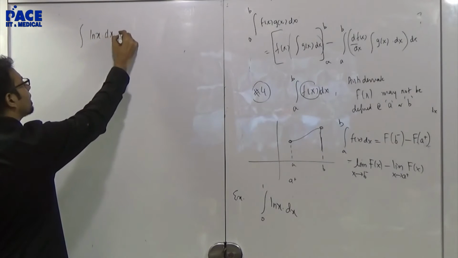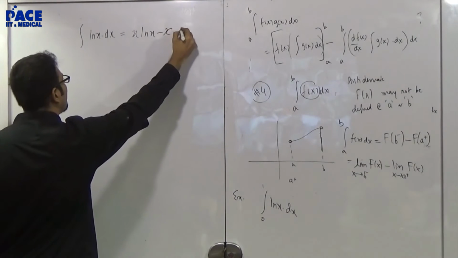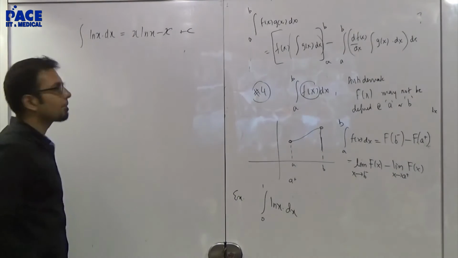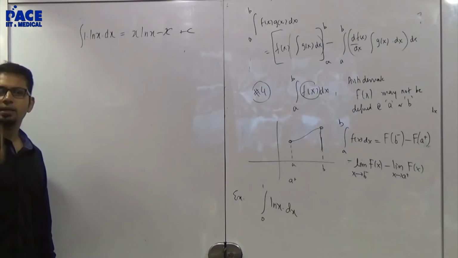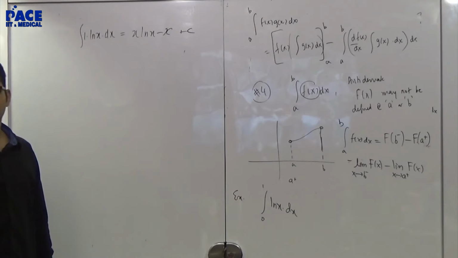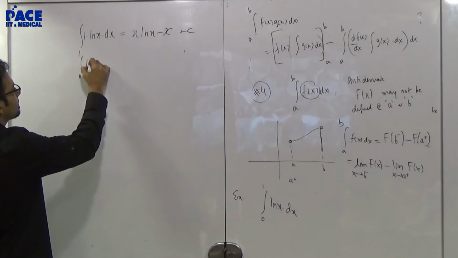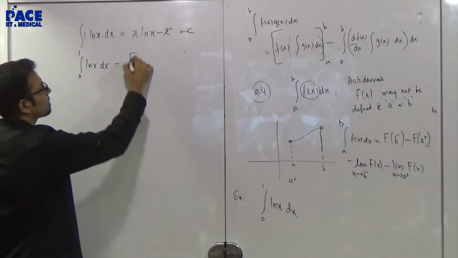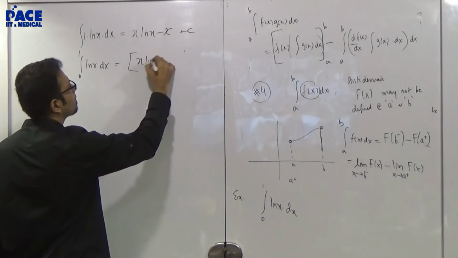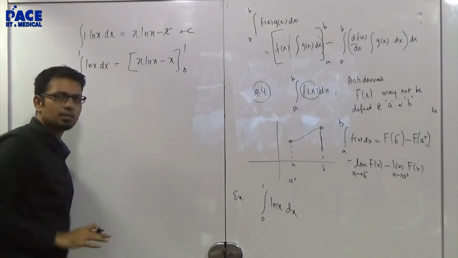Indefinite, x ln x minus x plus c भी आता है, that's okay. ये इसको कैसे इंटीग्रेट करते हैं? 1 लेके ना, 1 into ln x लेके फिर वो 1 को इंटीग्रेट करता है, ln x को डिफरेंशिएट करता है. Now when we are finding this problem है, because अच्छा when we put the limits 1 and 0, 1 के लिए तो ठीक है, 0 के लिए प्रॉब्लम है.